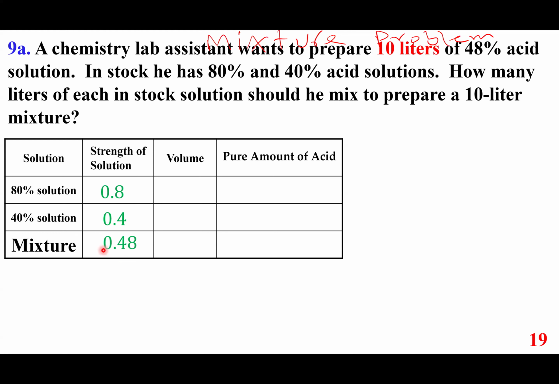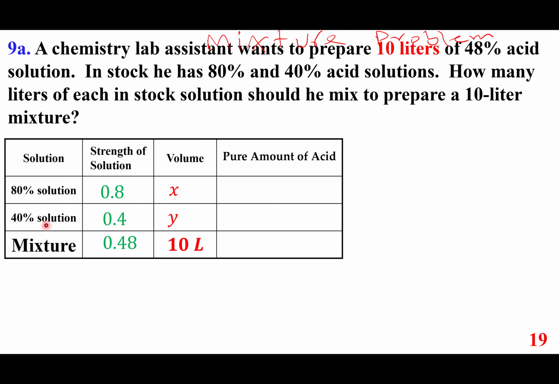Now, how much do we need? 10 liters of 48%. So we need 10 liters here. How many liters of each? I don't know. How about x and y? So we are defining our variables. x liters, the same unit, of 80%, y liters of 40% solution.